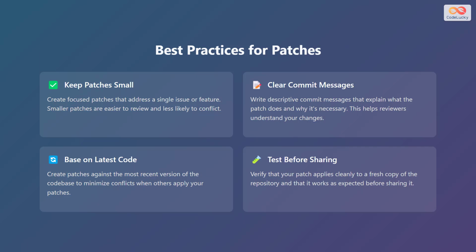This helps reviewers understand your changes. Third, base patches on the latest code. Create patches against the most recent version of the codebase to minimize conflicts when others apply your patches. Lastly, test before sharing. Verify that your patch applies cleanly to a fresh copy of the repository and that it works as expected before sharing it.